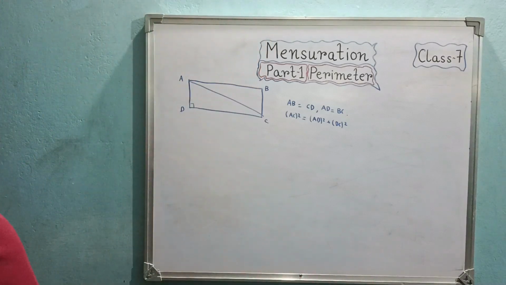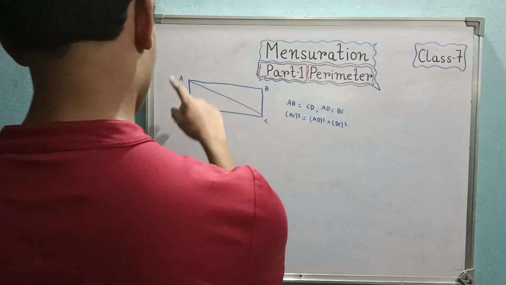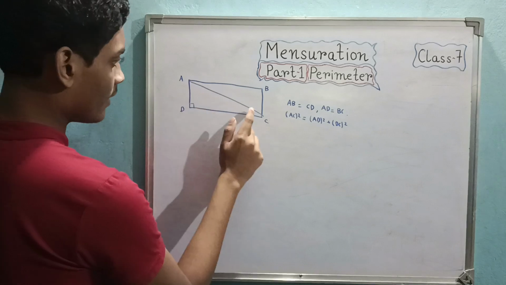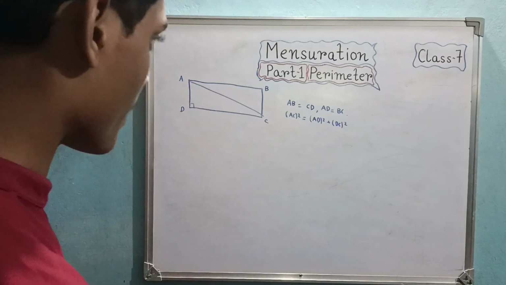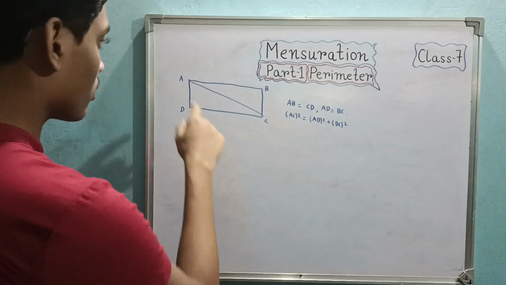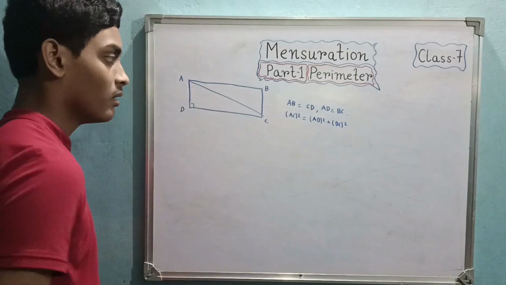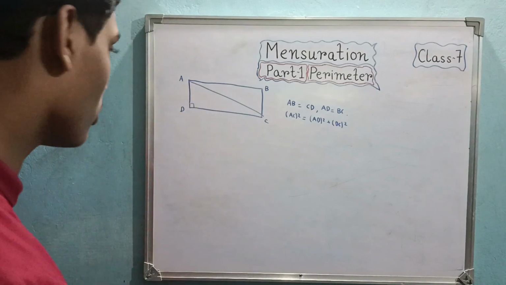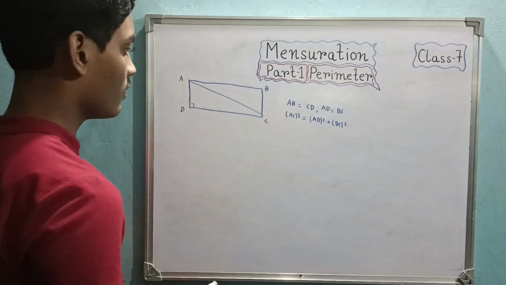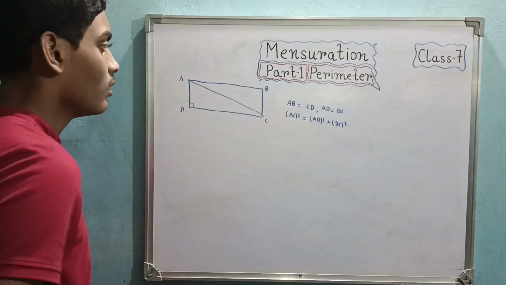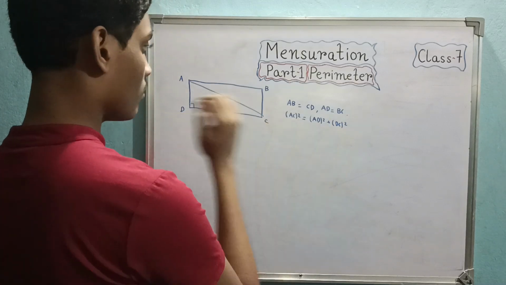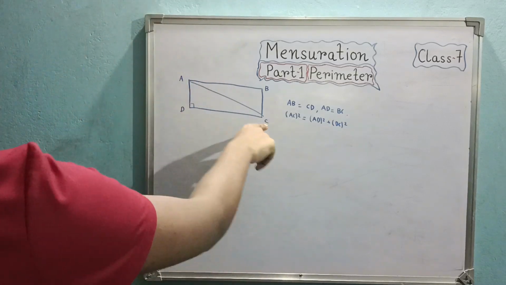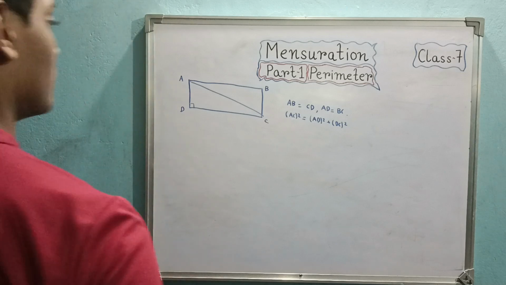This is actually the principle for a right angle triangle, in which you have three sides. This side, AC, here it is a diagonal. But when we proceed with the chapter of Pythagoras theorem, we will come across the term hypotenuse. So this AC is actually the hypotenuse, and DC and AD are the base and height. So hypotenuse square equals base square plus height square. Base DC plus height AD.